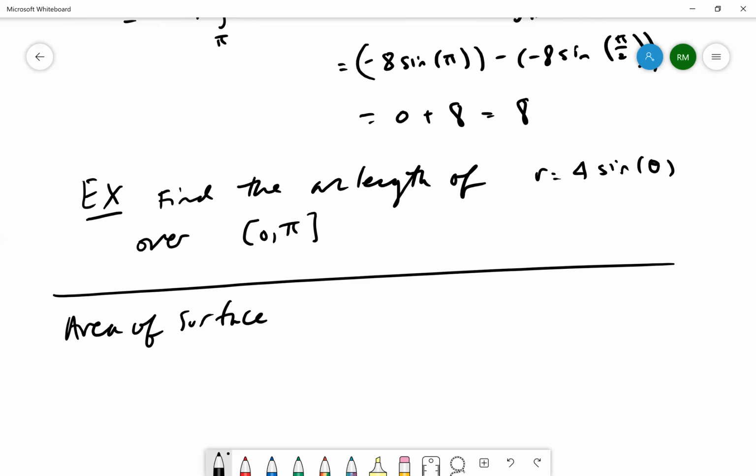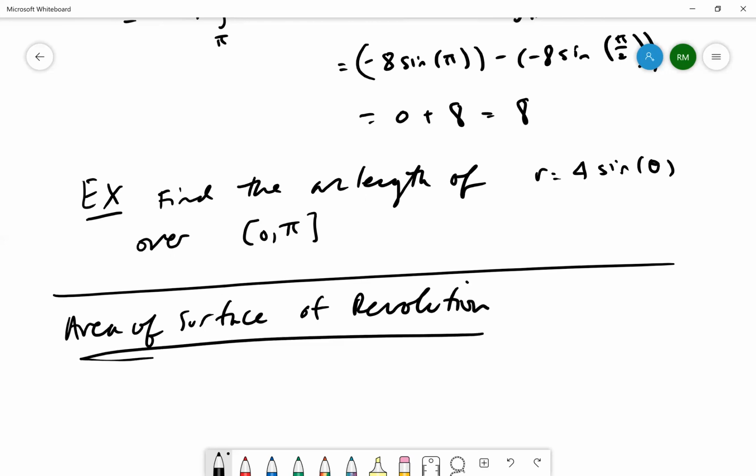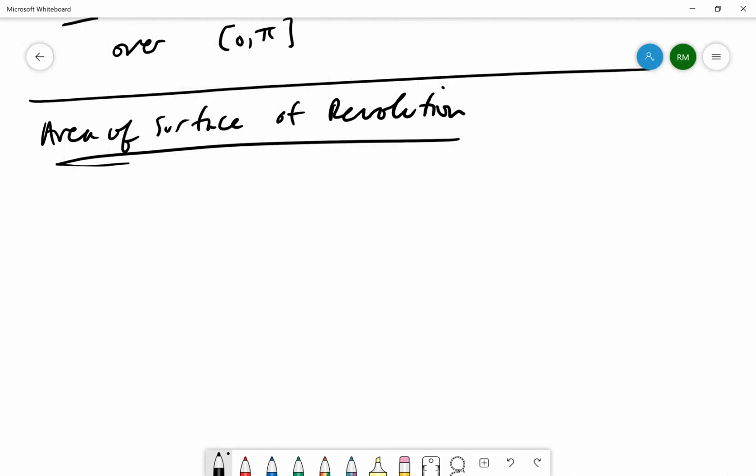Last but not least is the area of a surface of revolution. And this formula again will look just like the one we saw coming from the parametric equations. So if r is f of theta, then we have two area formulas. We have f of theta sine theta.